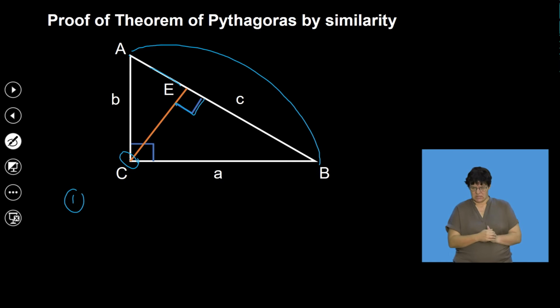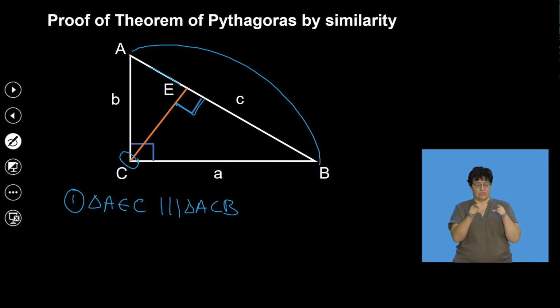The first condition is to prove that AEC, right, is similar. So similar is normally the three vertical lines. You remember that. Is similar to the triangle ACB, because E is a 90, it must go with CB like that, right? So I must prove these two, number one.